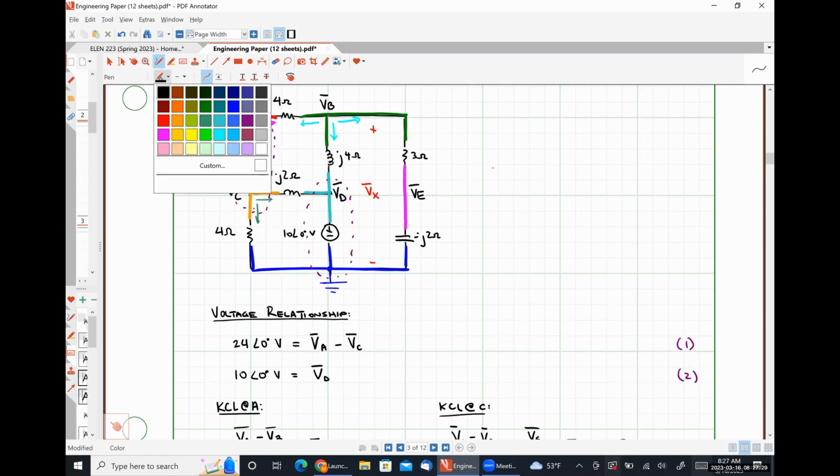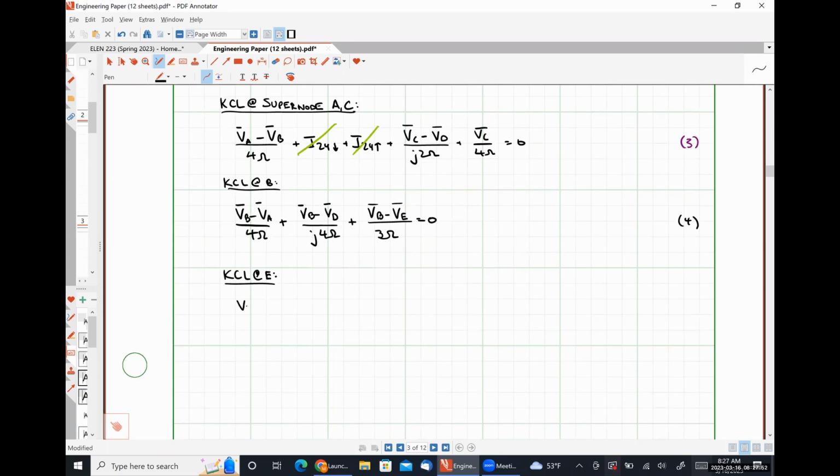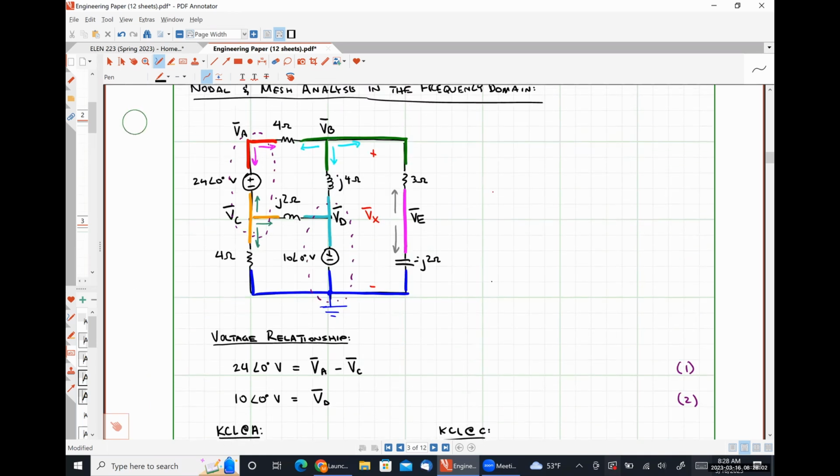So that's going to be this current up plus this current down. So somebody tell me what my current flowing up through the 3 ohm resistor is going to be. Exactly right. And my current flowing down through the minus J2 ohm capacitor.